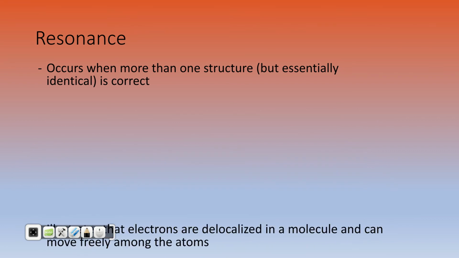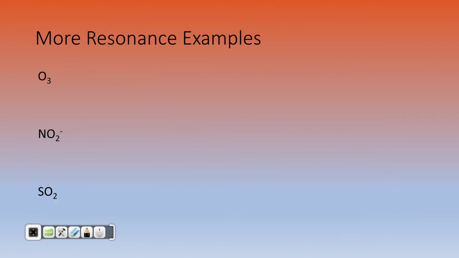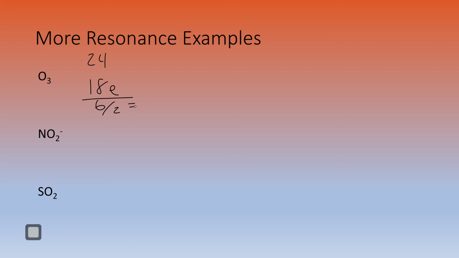Let's see if I can go back and show any more of those. So here's a couple. O3, oxygen 3. That means I have 3 oxygens, so I have a total of 18 electrons, but I want a total of 24. So this comes out to 6 divided by 2. We're going to have 3 bonds in this O3 molecule called ozone.